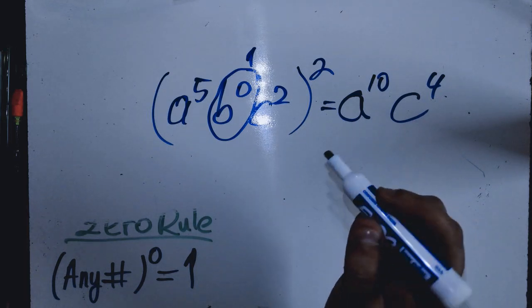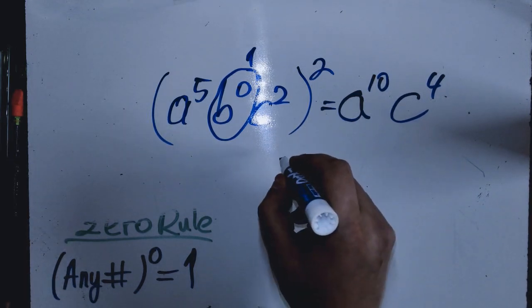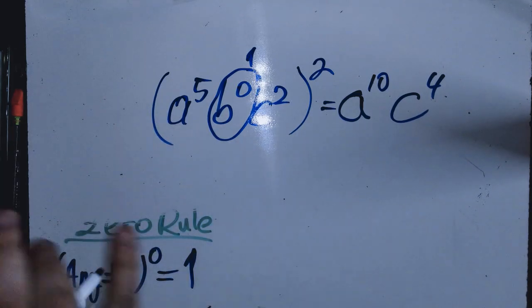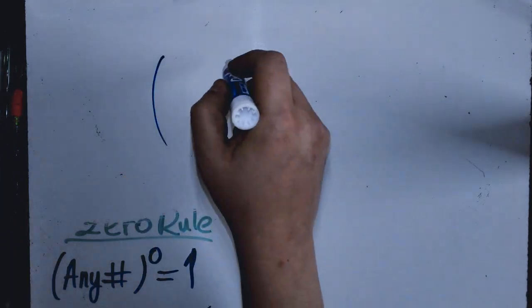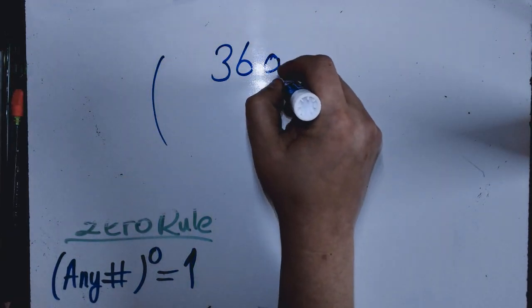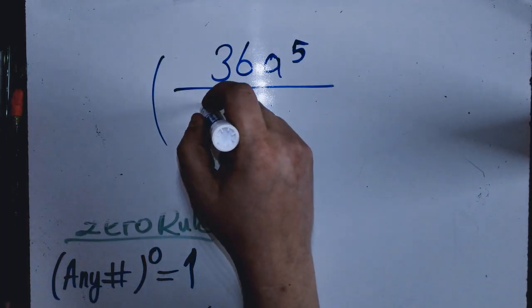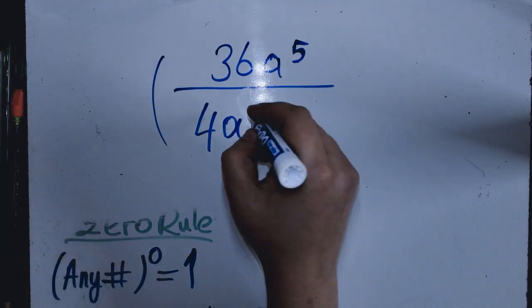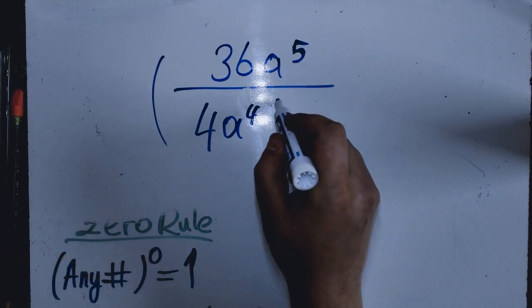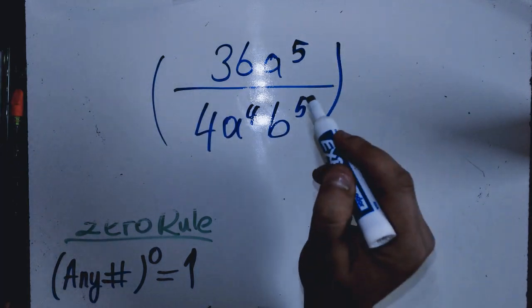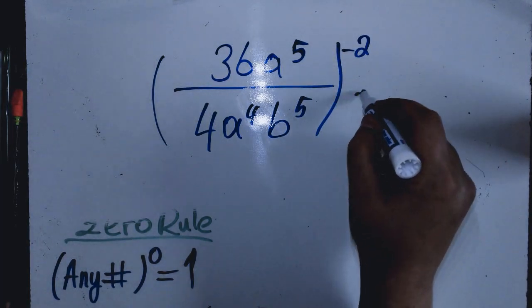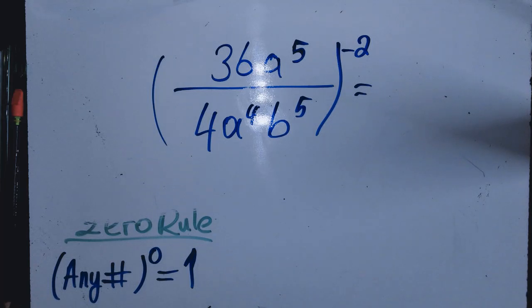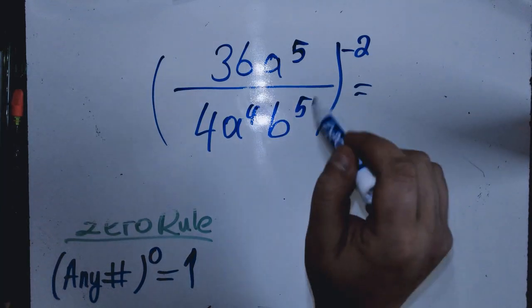Let's do one last example and finalize this video. 36 a to the 5th over 4 a to the 4th and b to the 5th, all to the negative 2 power. Now, we're talking about the reciprocal, we're talking about flipping. This is still a fraction form.